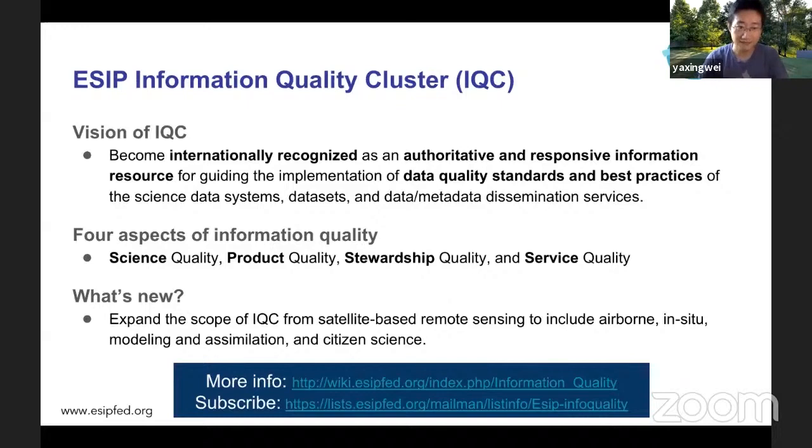The four aspects of information quality outlined by ECIP IQC are the science quality, product quality, stewardship quality, and service quality.